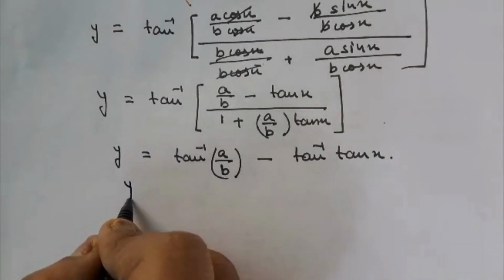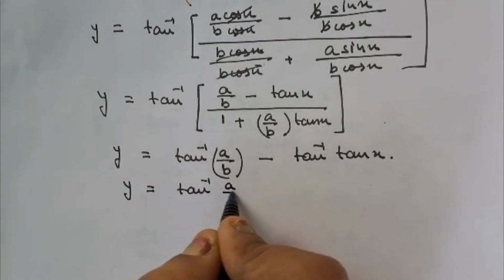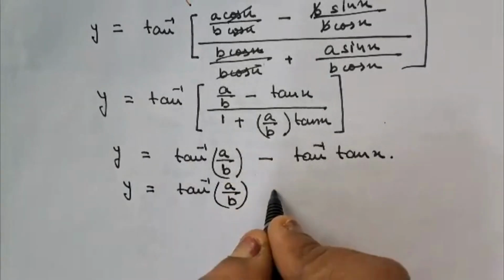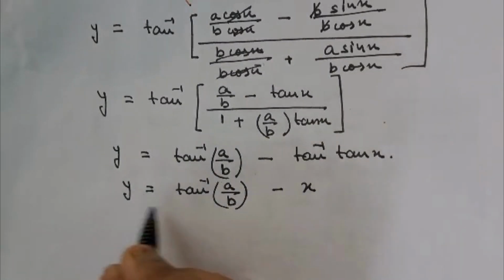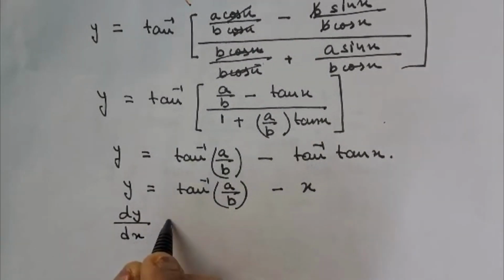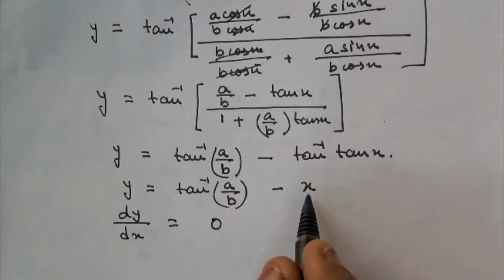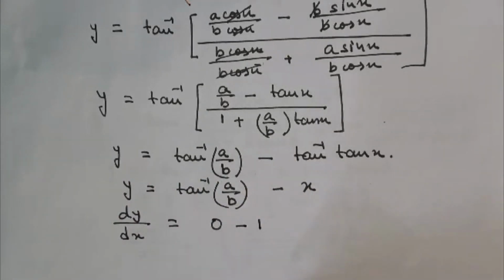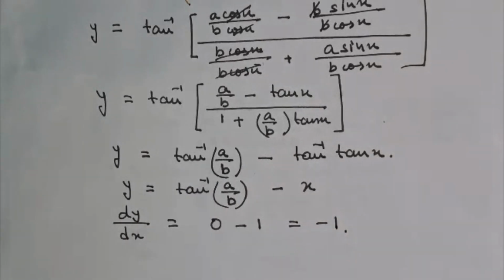So from there I will get y is equal to tan inverse of a by b minus x. Now when I am differentiating with respect to x, dy by dx, now this is a constant. So it will become 0 and d by dx of x is 1. So the answer is minus 1.